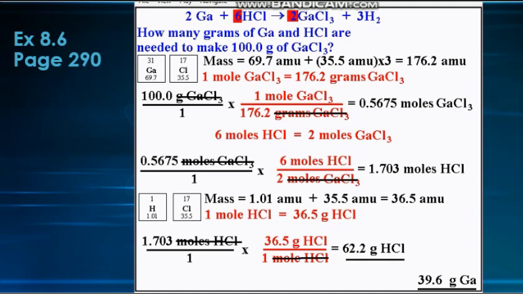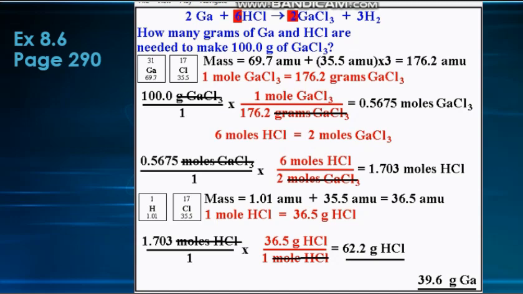So, given a balanced chemical equation and the mass of one substance in the chemical reaction, I was able to calculate the mass of other substances in the chemical reaction. In order to make 100.0 grams of GaCl3, I need to react 39.6 grams of Ga with 62.2 grams of HCl.